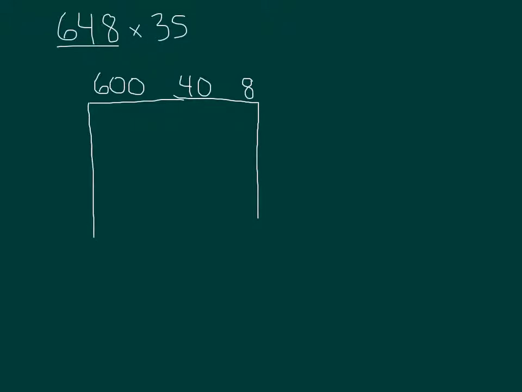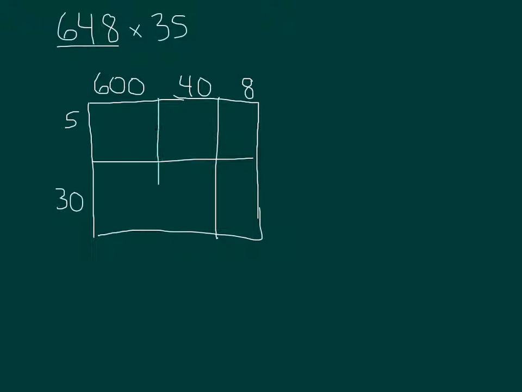And then I'm going to have 5 columns and another 30 columns. So I just decomposed those two numbers.